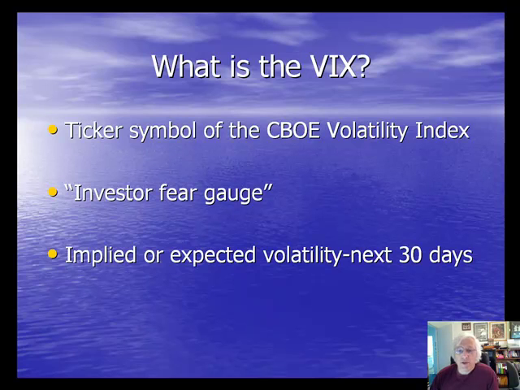It's also known as the Investor Fear Gauge because it lets us know the general market consensus as to the volatility of the market that investors are expecting in the near term. So it actually is the implied or expected volatility over the next 30 days.